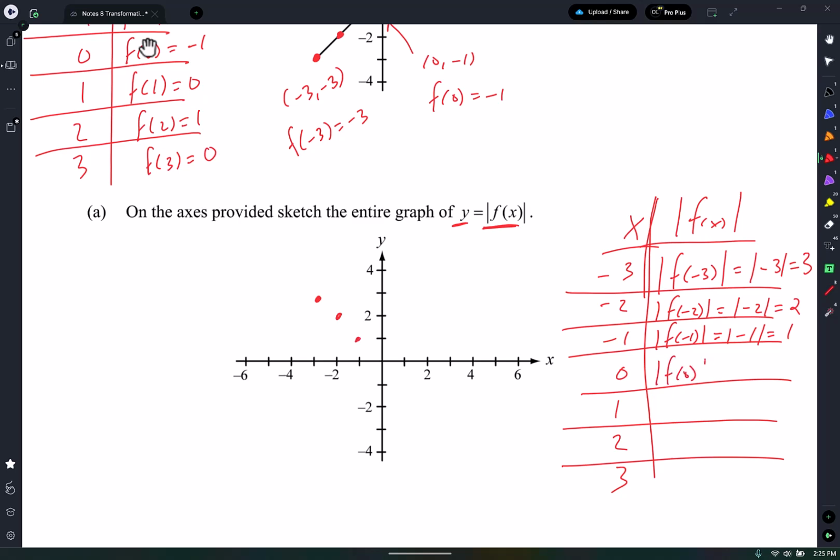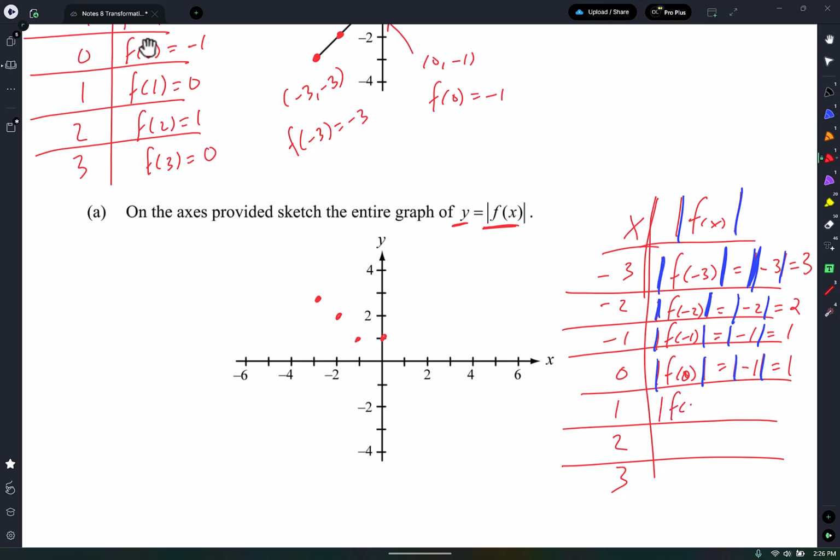Absolute value of f of 0 is absolute value of -1, which is 1 again. So 0, 1. In case you can't tell, this is the absolute value symbol right there.